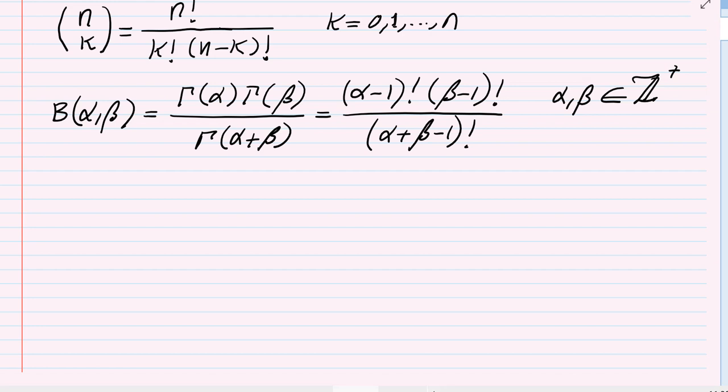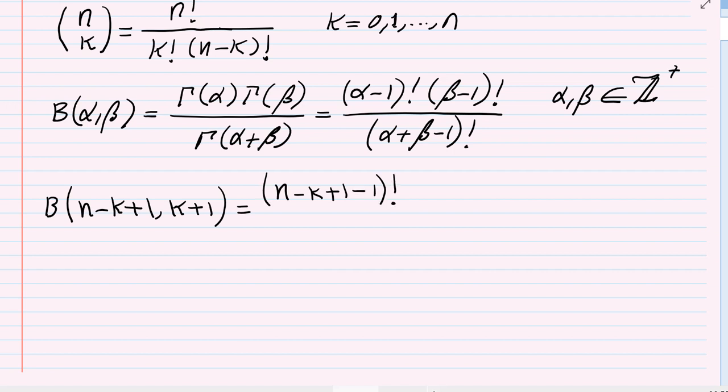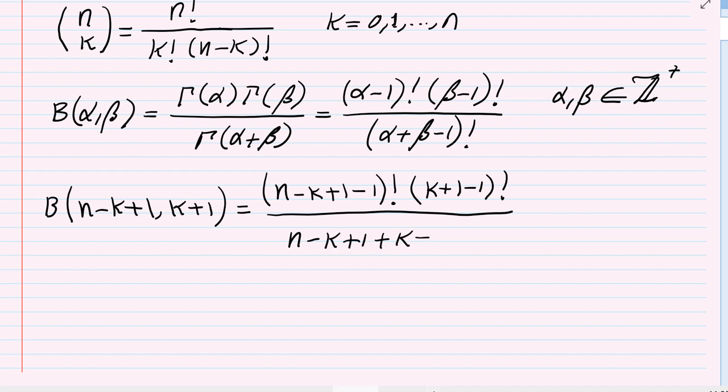So if we let alpha be n minus k plus 1 and beta be k plus 1, related to binomial coefficients, then we can use the relationship I just displayed above to write it as n minus k plus 1, subtract 1, make it factorial, and then k plus 1, also subtract 1 from that, and factorial it, divided by the sum of those two parameters minus 1, which is n minus k plus 1 plus k plus 1 minus 1, and of course that would be factorial.